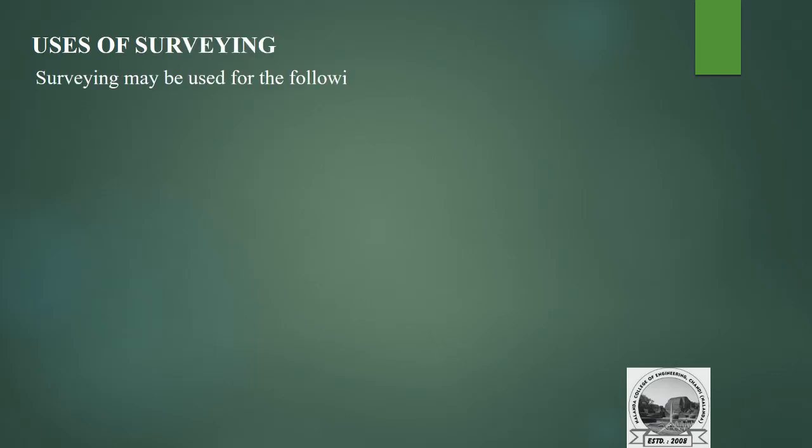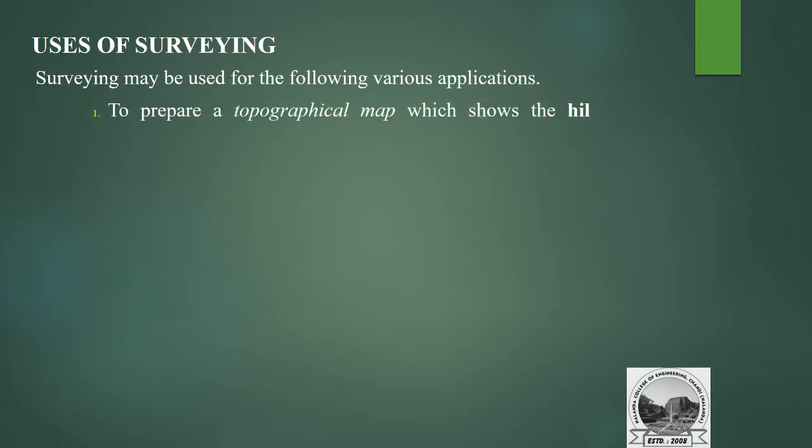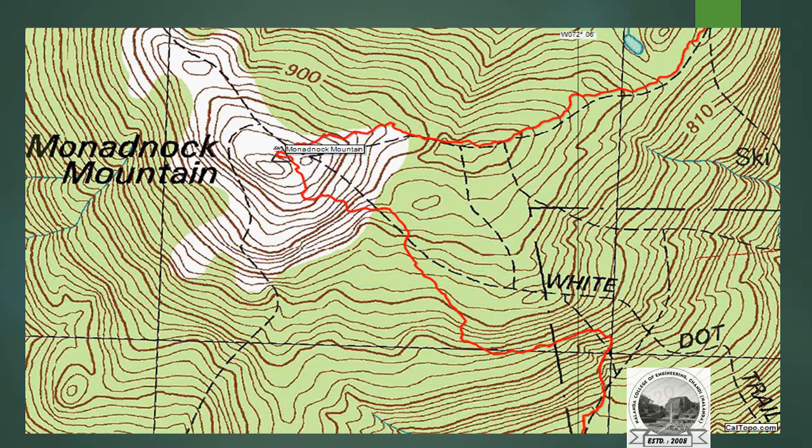Then comes to the usage of surveying. Surveying may be used for the following various applications. First, to prepare the topographical map, which shows the hills, valley, rivers, village, towns, forest, and many more of any country. Look here, I have shown the mountain.